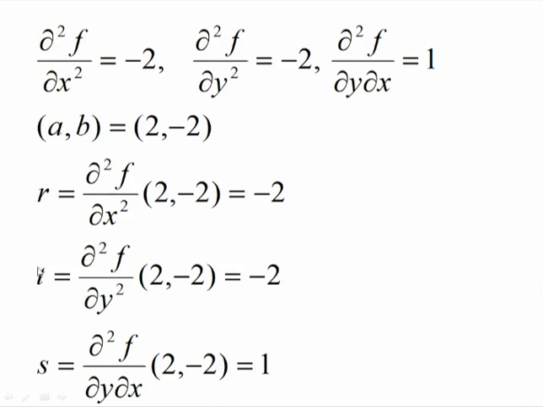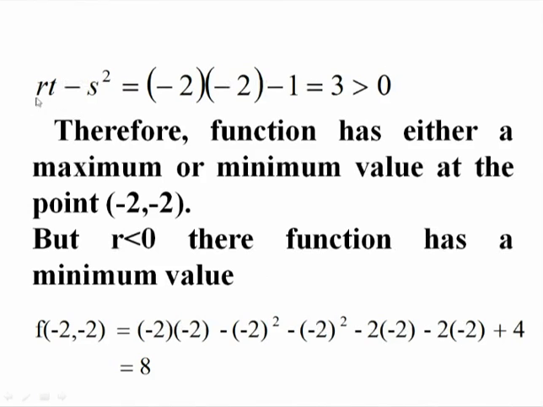So now rt minus s square. rt is minus 2 into minus 2, which is 4, minus 1, so 3. So rt minus s square is 3, greater than 0. Therefore the function has either a maximum value or a minimum value at this point minus 2, minus 2.